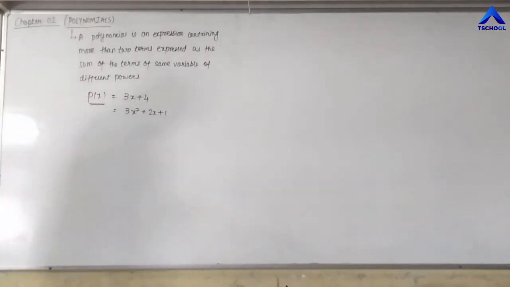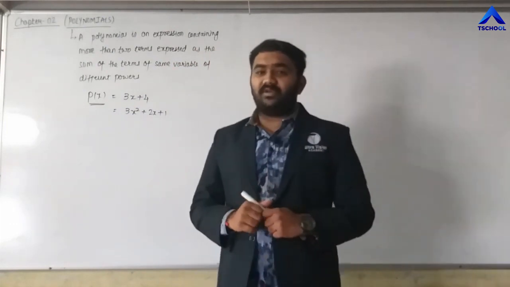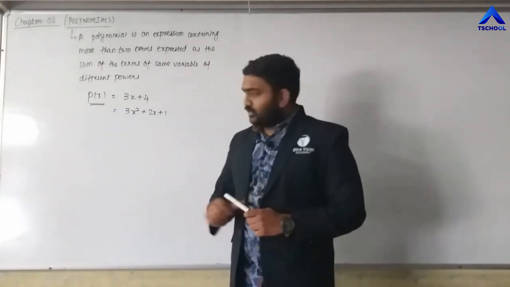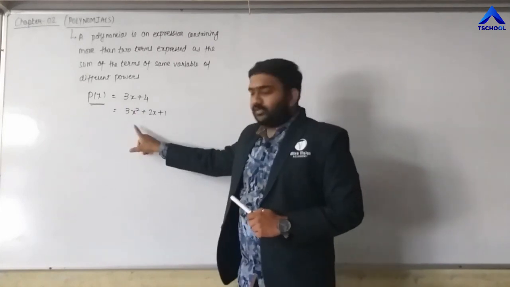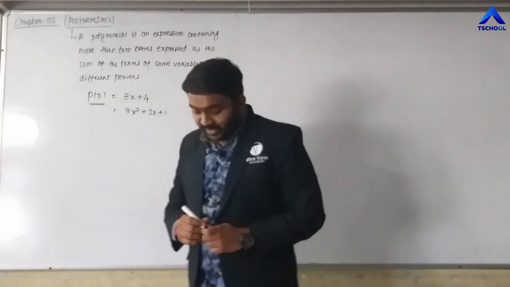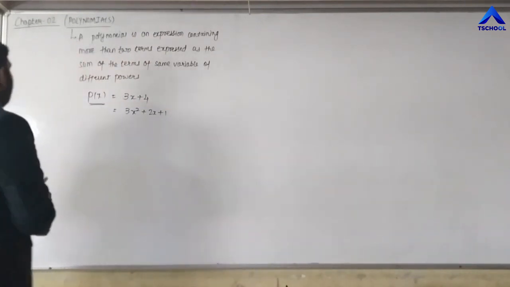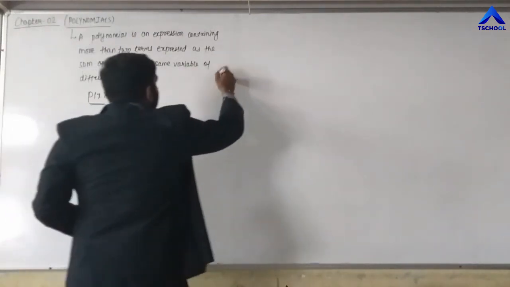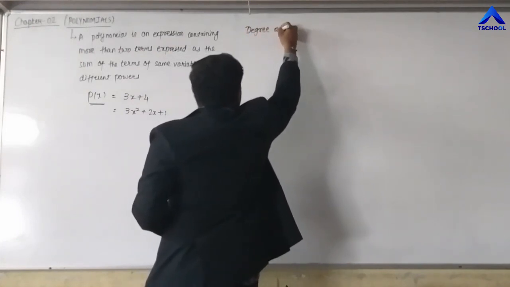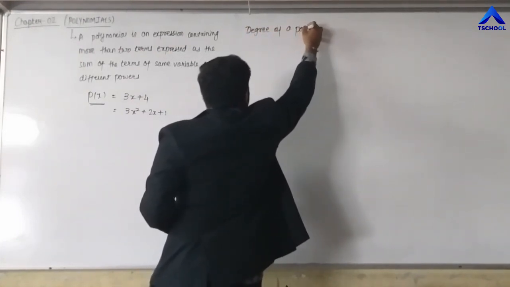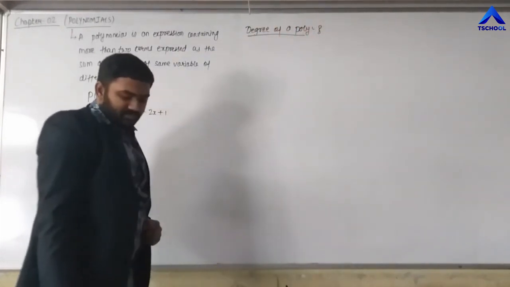Now, when it comes to the powers, the term used in this chapter is the degree. The maximum power of this polynomial is x raised to 2, which means the degree of this polynomial is 2. Now you will have a question: what is the degree of a polynomial?